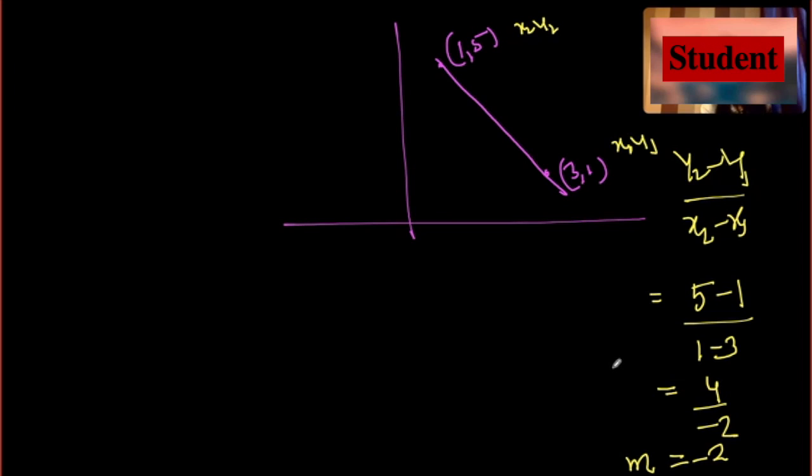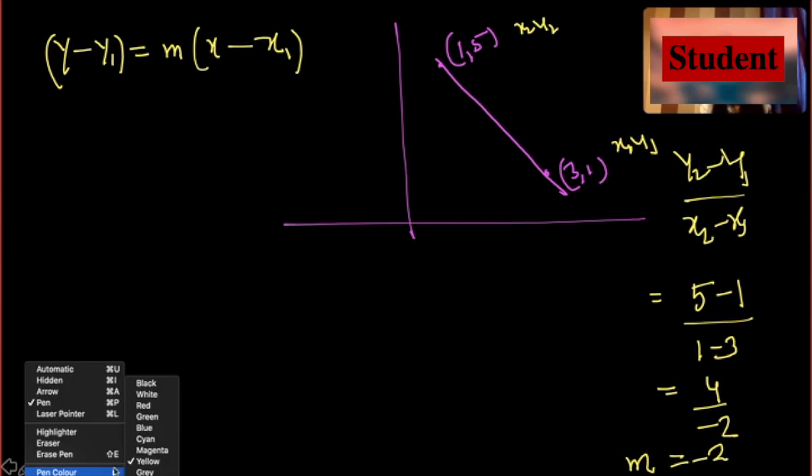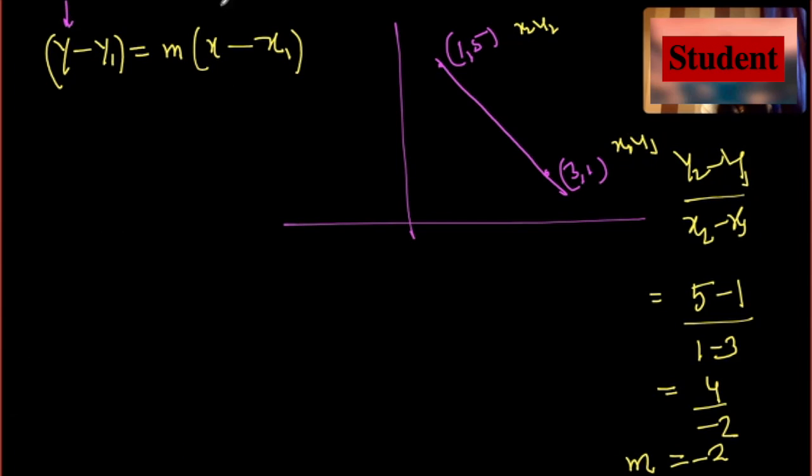How to write a straight line equation? You have a formula in your formula book. It is always y minus y1 is equal to m times x minus x1. Maybe you can ask me what is y and what is y1. This y and this x are variables.